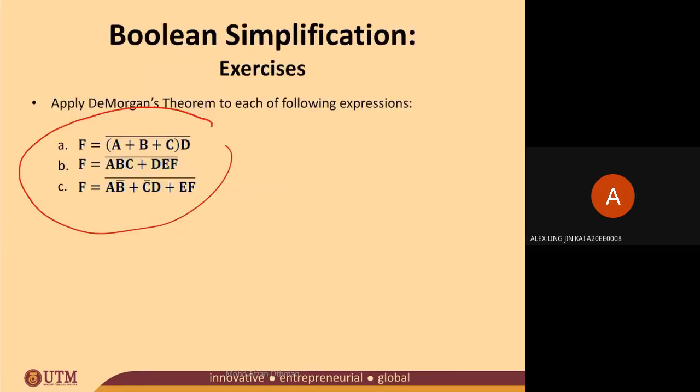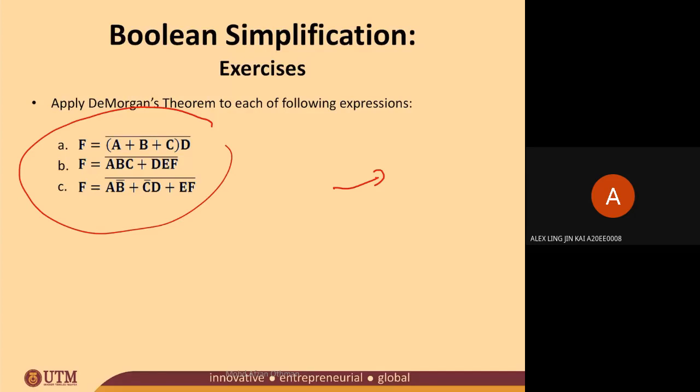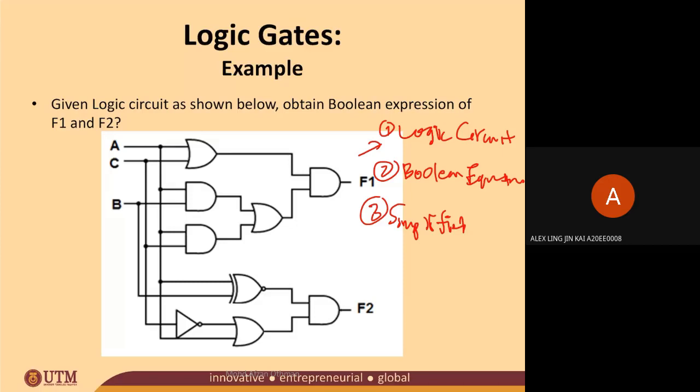Okay, so this exercise is from the Boolean equation. You can simplify the logic circuits and also this. And the last one is from the logic circuits. You get the Boolean equation from the logic circuit, and from that Boolean equation, you get the simplified Boolean equation.